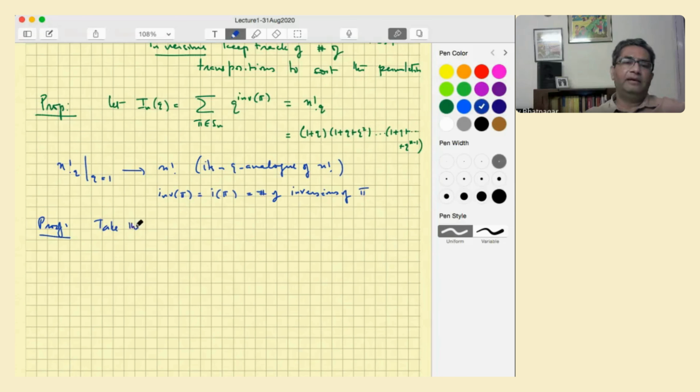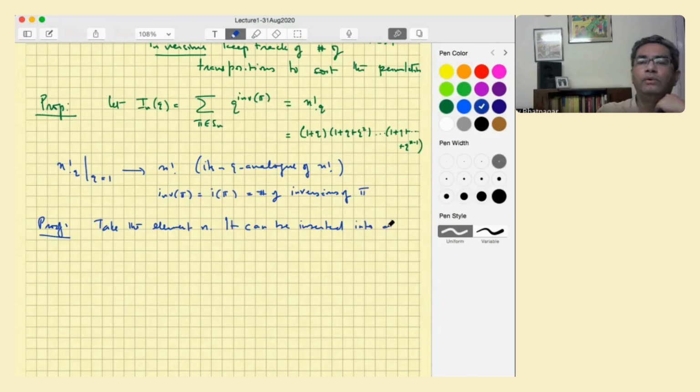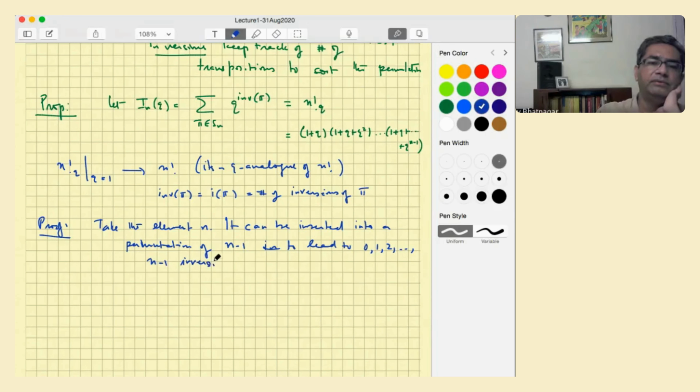So proof. Again you take the element n, and it can be inserted into a permutation of n minus 1 to lead to 0, 1, 2, up to n minus 1 new inversions.